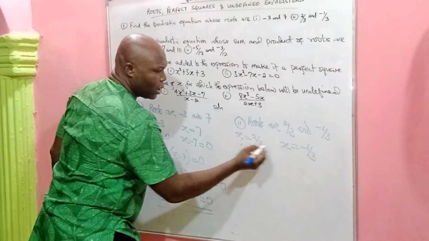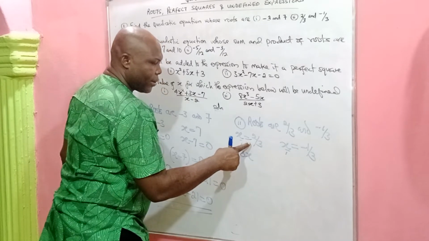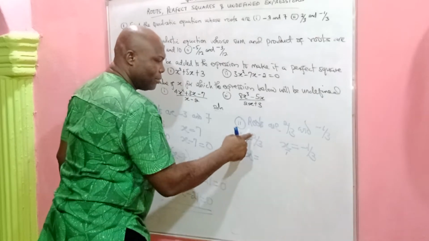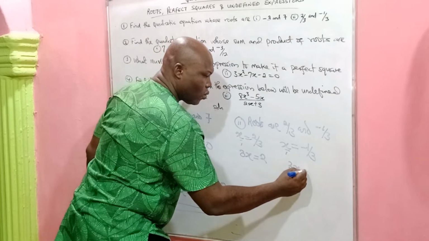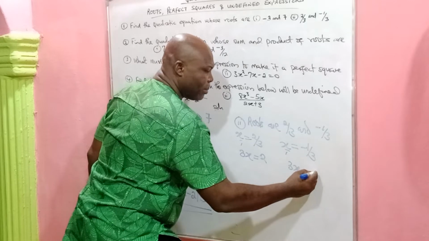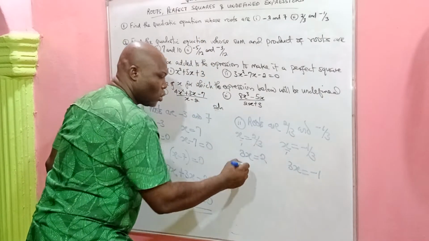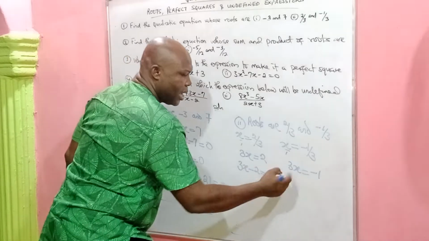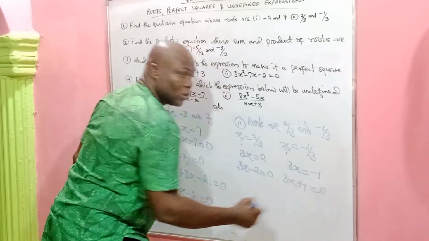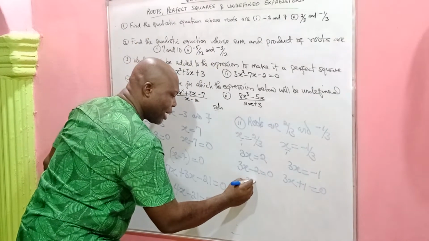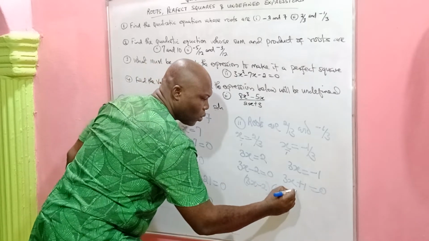This will be over 1, this will be over 1. 3 times x gives 3x, equals 1 times 2 gives 2. Here 3 times x gives 3x, equals 1 times minus 1 gives minus 1. So we equate to 0: 3x minus 2 equals 0, and 3x plus 1 equals 0. So we have 3x minus 2 as well as 3x plus 1 equals 0.